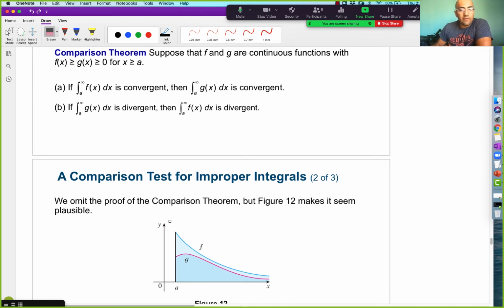Okay. And then the other case is, what if we were interested in finding the area, or we're comparing them, and we found out that the area of the larger one definitely converges, right? This whole area in green going out to infinity is equal to some finite number.